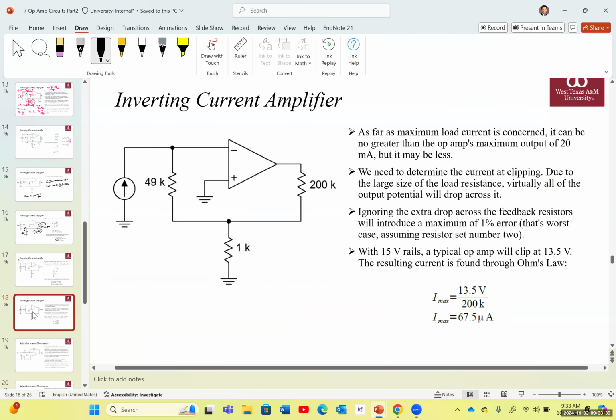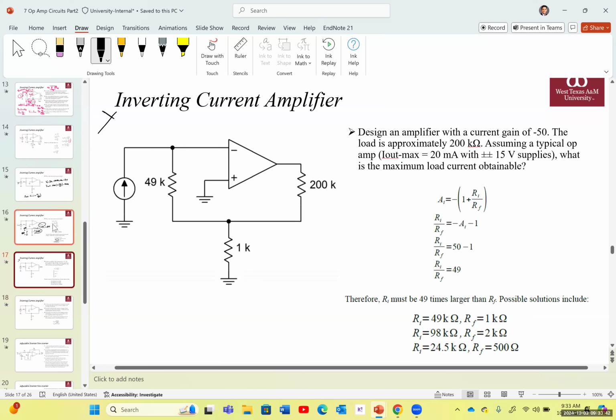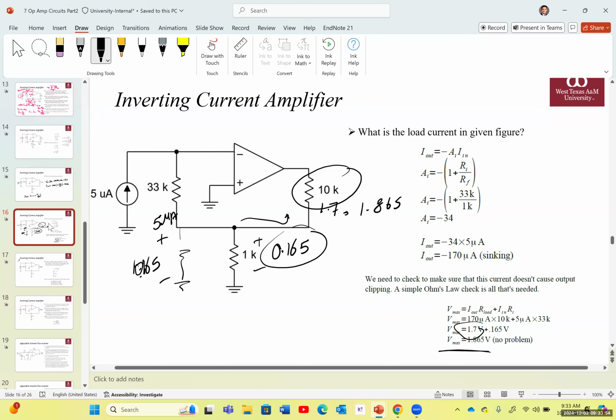So for the current amplifier, another type of current amplifier, let me go back. I think we did the inverting amplifier. Yes, let's go back a little bit. The last amplifier that we solved a practice problem for was an inverting current amplifier.